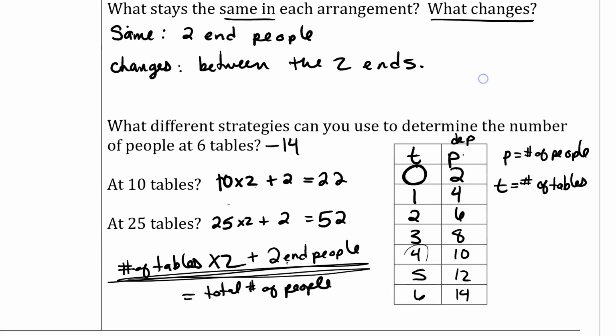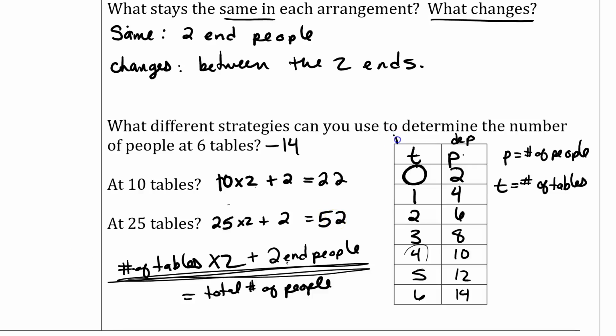And then I'm also going to ask you what stays the same, what changes, and then I'm going to ask you, using what you know of the pattern, or using a little bit of knowledge of equations, you can figure out what the dependent variable is.